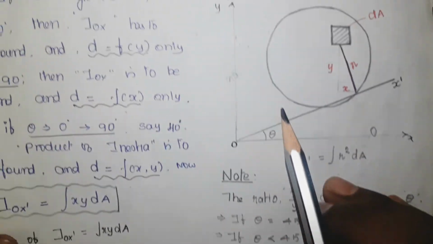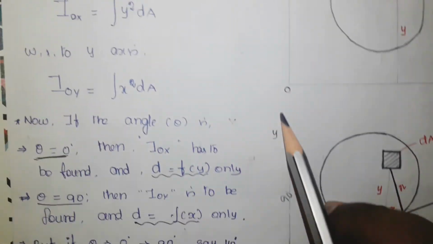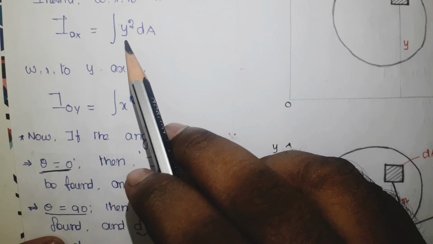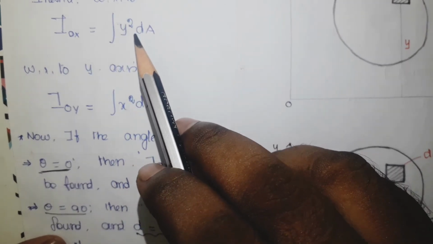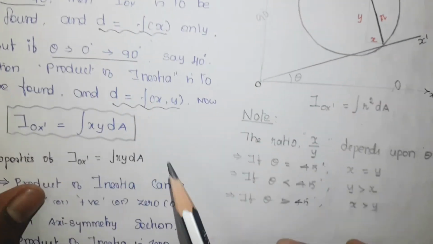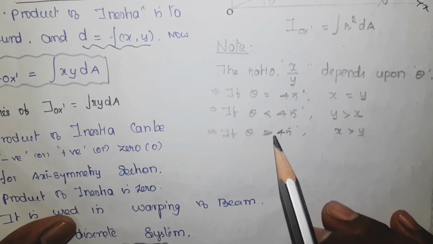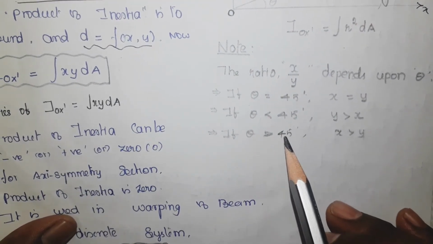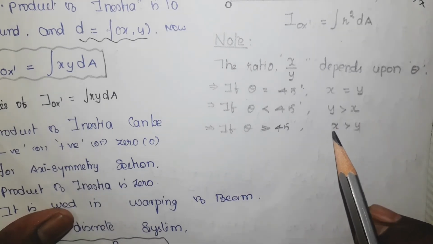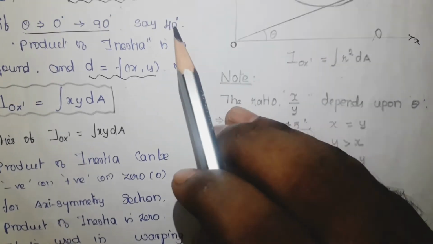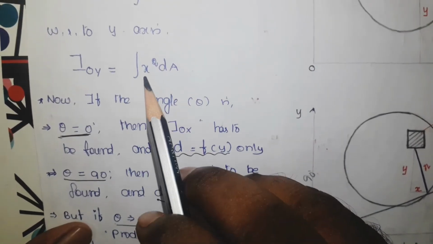So this is what is written here: when the angle is 0 degree, you have only the y component. Similarly, when the angle goes from 45 to 90 degree, that is if theta is greater than 45, then the contribution of the x component will be more than y. This is also written here.